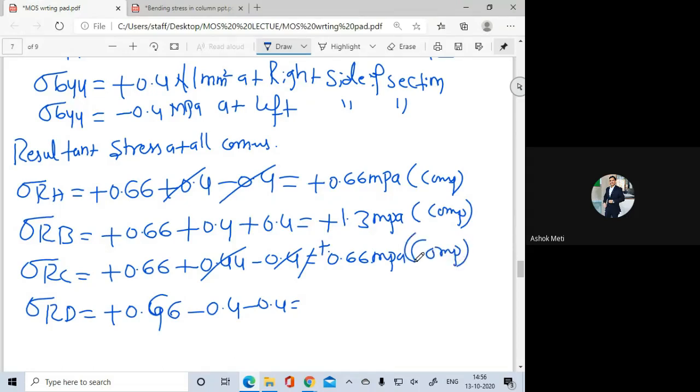But the last one is minus 1.33, so this will be tensile because it is negative. That means at corner D tensile stress is induced. Okay, and the remaining corners A, B, C have compressive stress, and the remaining one point, that is D, has tensile stress. So like this we are going to calculate the stresses at different corners.